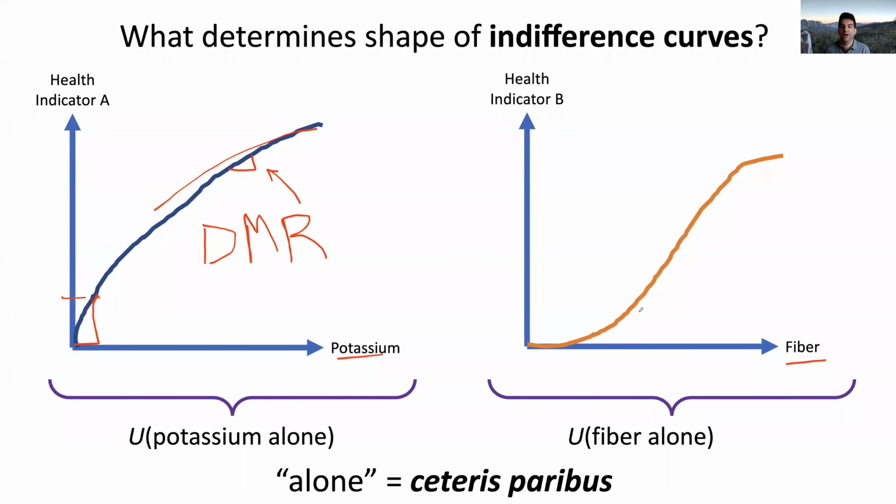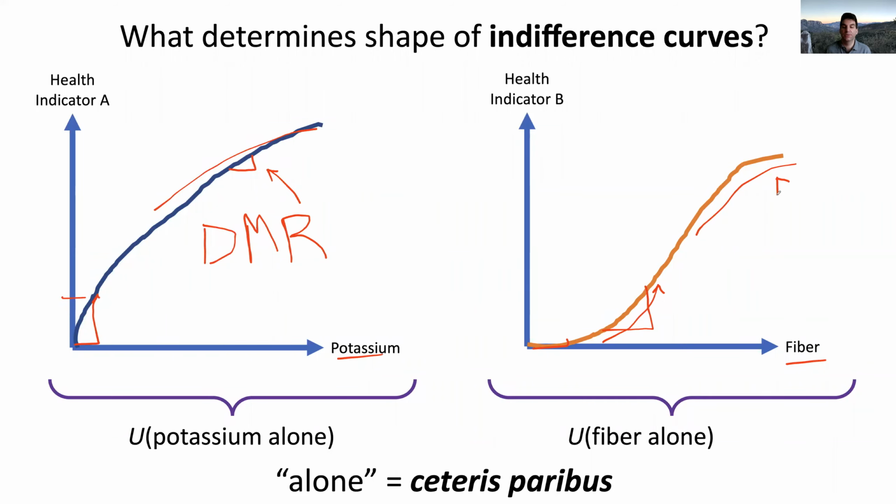But over here, at least initially, there's accelerating returns to fiber. So initially, you get a little bit of fiber and you get only a little benefit. But once you have some fiber, that same increase in fiber gives you a huge increase in benefit. Now, eventually, you get diminishing marginal returns out here.